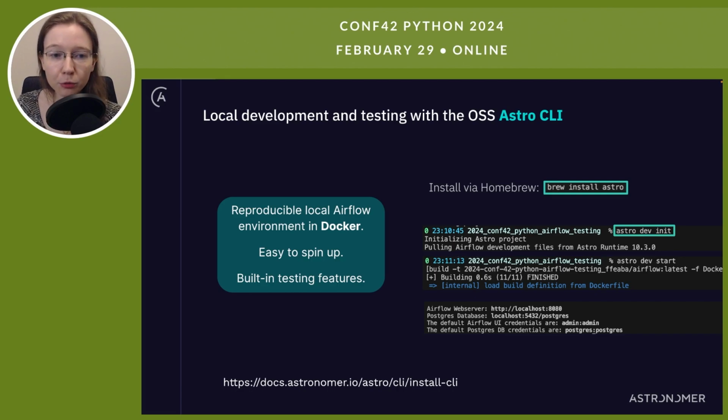And this is already fully functional with 2 example DAGs. So you can directly say astro dev start, and after 1 or 2 minutes, you have Airflow running locally within Docker, and you can access the Airflow UI at localhost 8080. Of course, then you can start adding your own DAGs and start to develop.